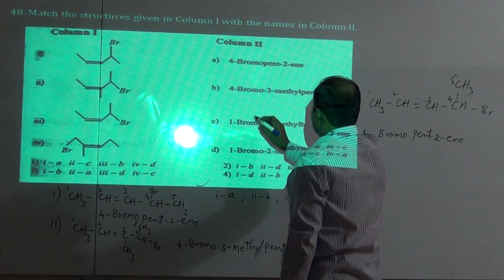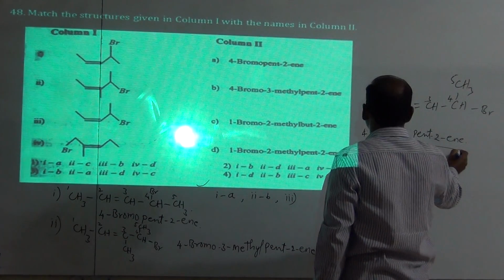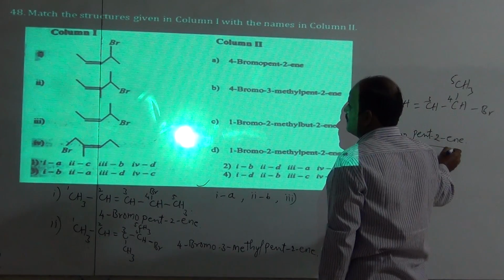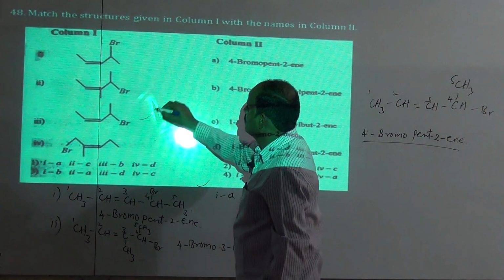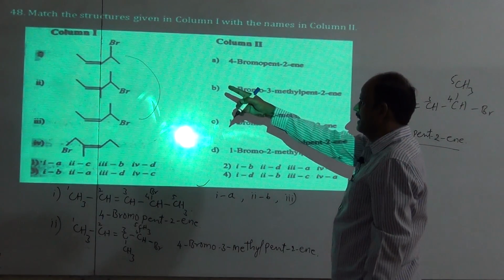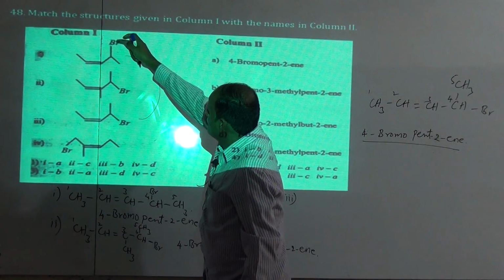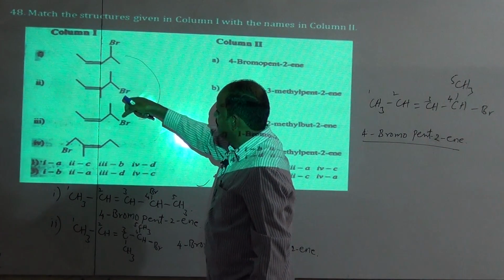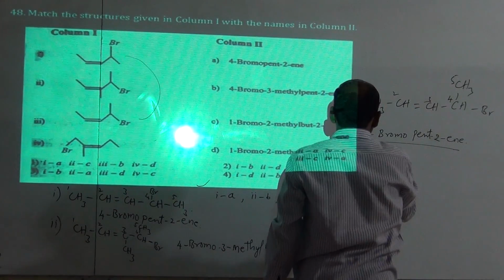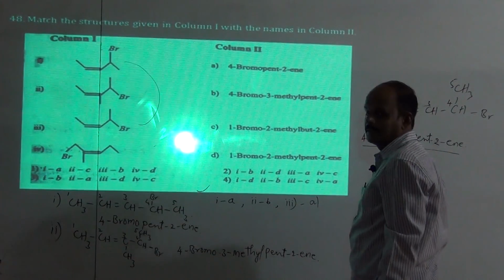Where is that one? In the given options it is not there. This one is 4-bromopent-2-ene. If you observe, the first and third are the same, they gave the same molecules. If you change these two positions, here Br, here CH3, these two are the same, thus they have the same name, so for the third option also it should be A only.